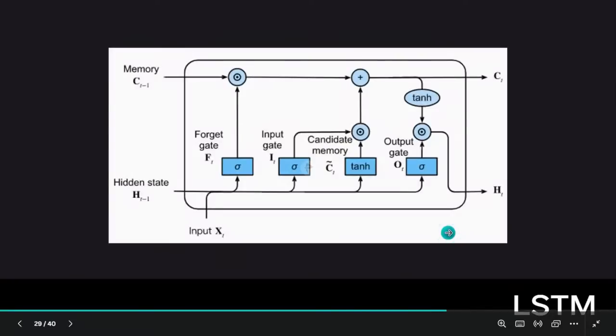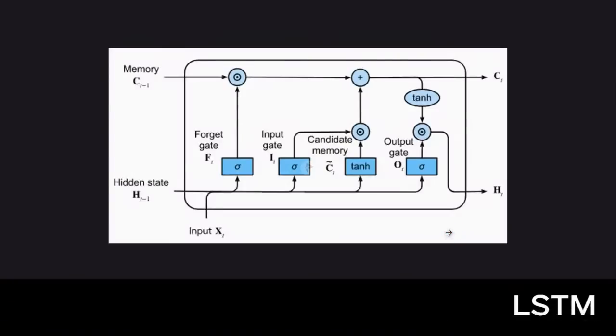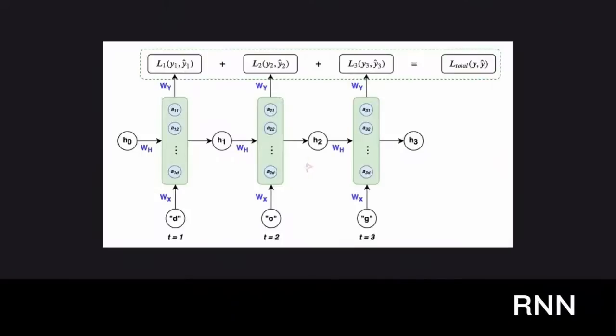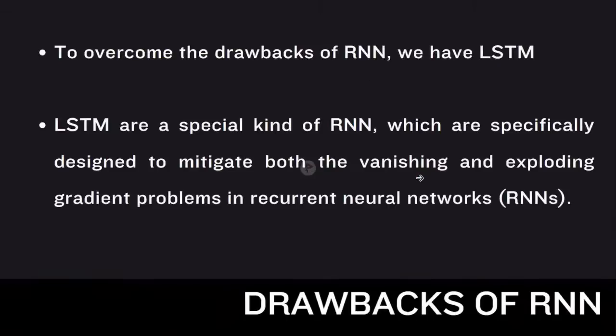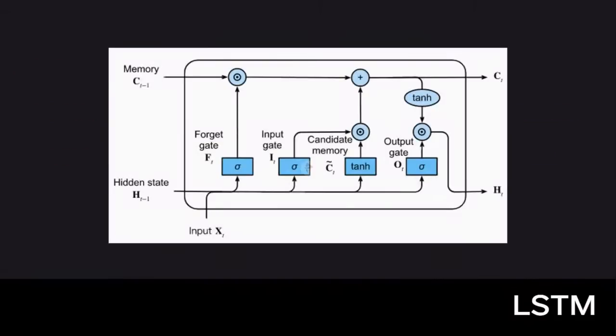Looking into the architecture, this is what happens in a single cell of LSTM. When we looked into our RNN, it was pretty simple, right? You just multiply with weight and bias, pass it to the next, and give a feedback. That's the only process. But inside each cell, you are now going to add some complexities, and that decides whether you have to keep the past information which is relevant or not.